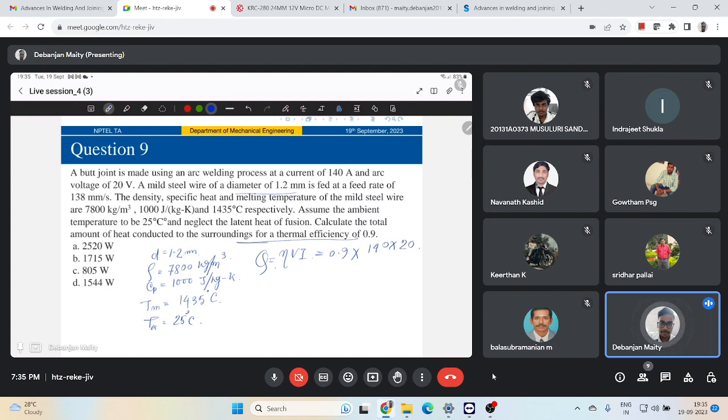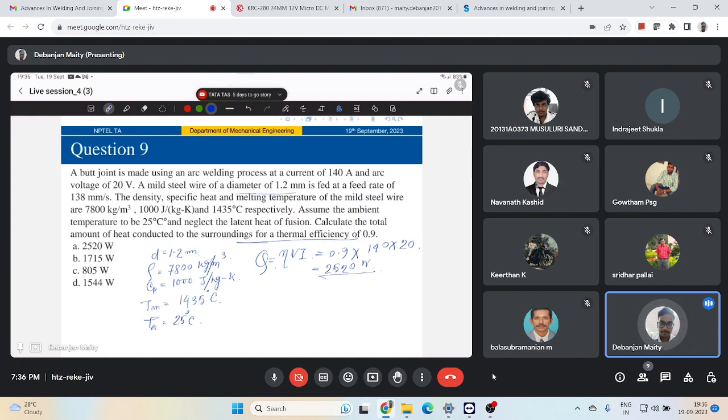How much watt is this coming? Sir, 2520 watt. 2520 watt. Okay, I'm not calculating it, so let's assume that this is correct. 2520 watt, I am getting my net energy for heating the workpiece.